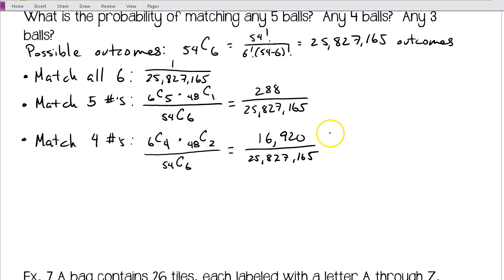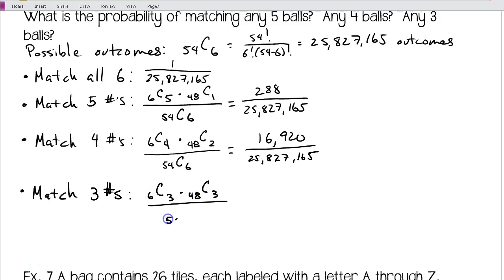And then lastly, to match 3 numbers, of the 6 winning balls, we would pick 3 of those, which means we would have to pick 3 of the remaining 48. And again, out of 54 choose 6.